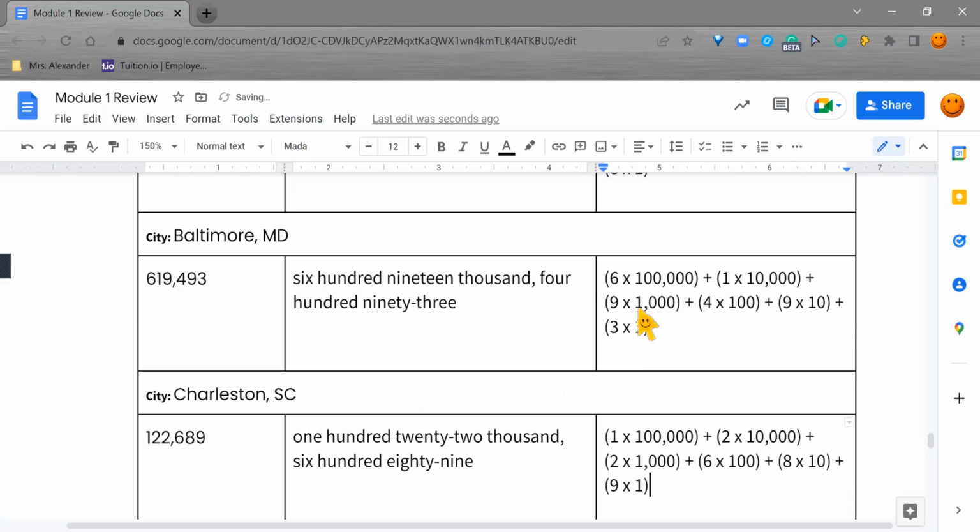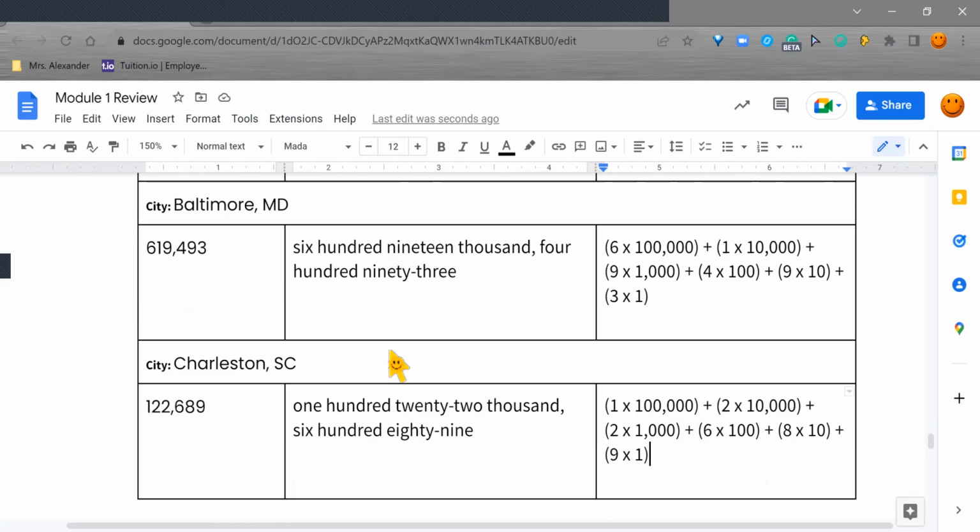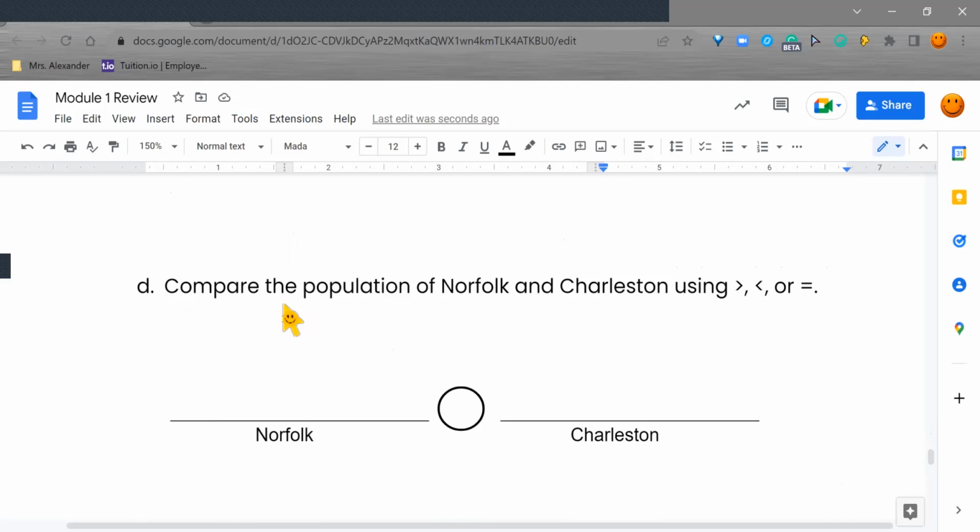So this is what it should look like when you have these in standard form, word form, and expanded form. Let's go to the last part, last 2 sections.